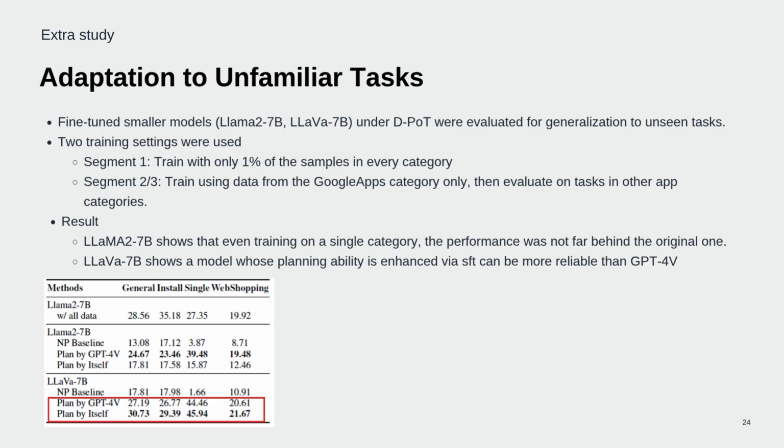But here, the LLaVA 7B model plans by itself, and this shows better performance than GPT-4V and the baseline, which is really great. In summary, the fine-tuned smaller model under DPOT also shows that it can generalize to unseen tasks as well.